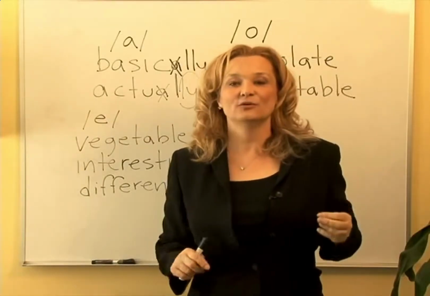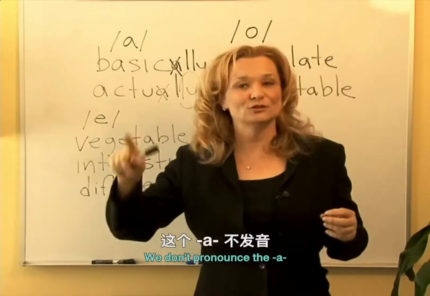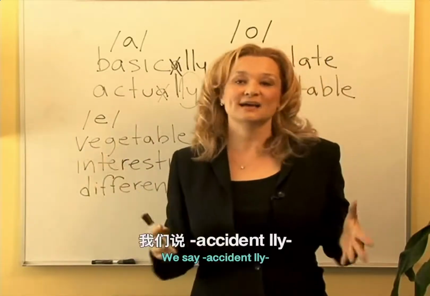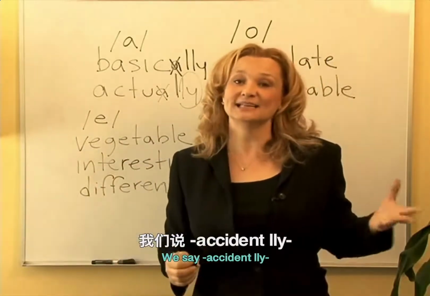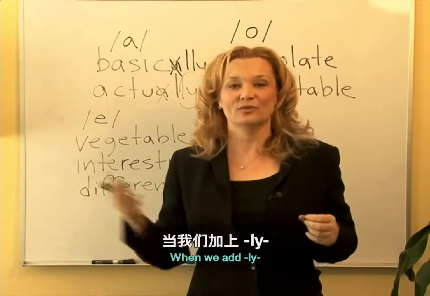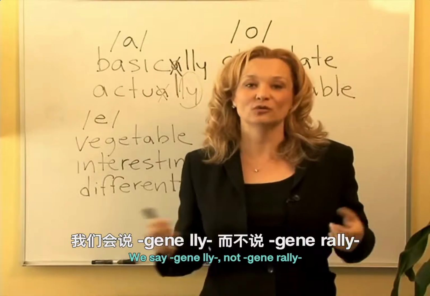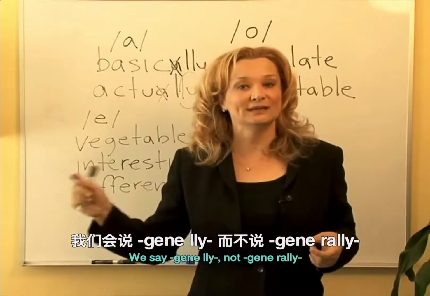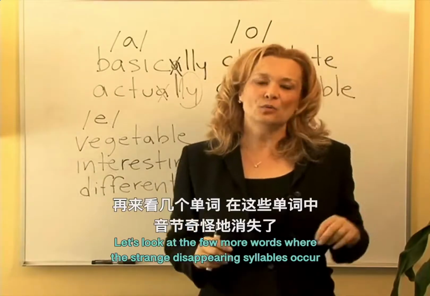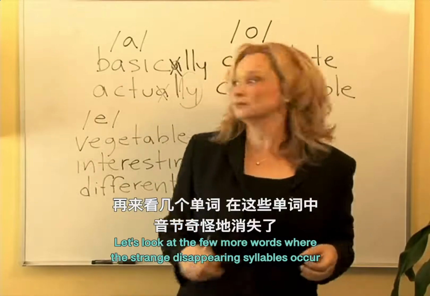Let's do a few more words. Accident. When we add ly, accidentally, we don't pronounce the A, we say accidentally. One more. General. When we add the ly, we say generally. Generally, not generally. Let's look at a few more words where these strange disappearing syllables occur.